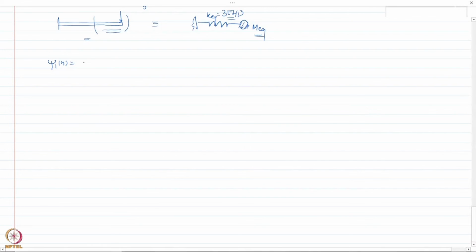So let us write down the first shape function as 3 by 2 x square by L square minus half x cube by L cube. The second is another shape function, which is 1 minus cos pi x by 2L.